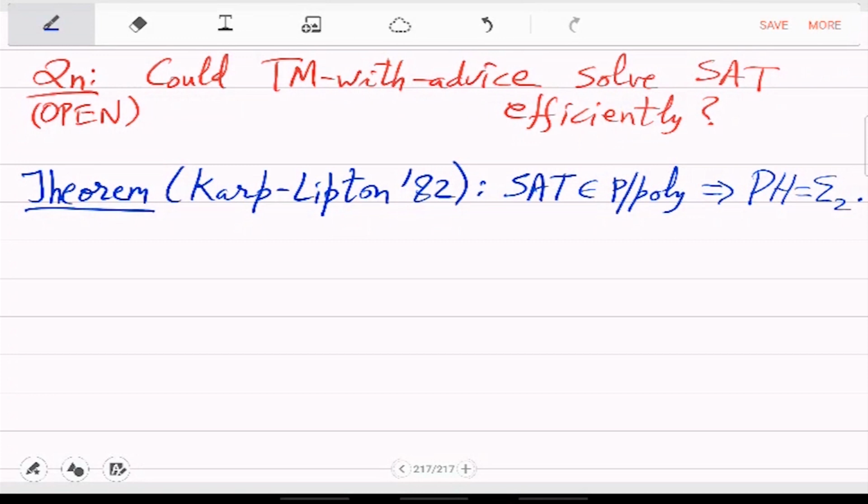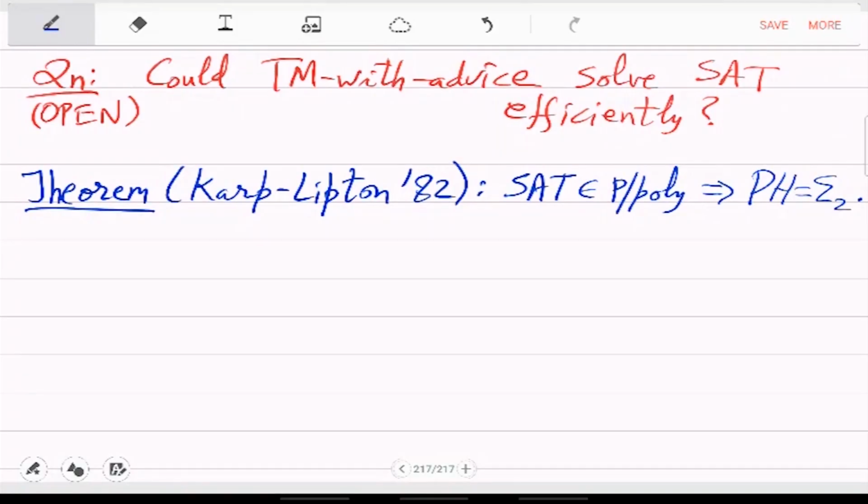So, it still does not say that NP will be P, but it says that NP to the NP is equal to everything above. So, sigma 1, sigma 2 may still be different, but this is strong theoretical evidence again that SAT cannot be solved with poly-size circuits.